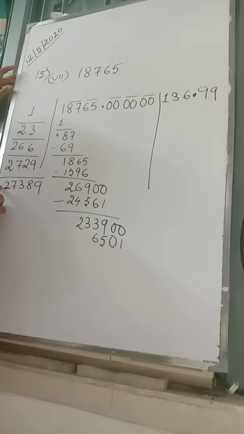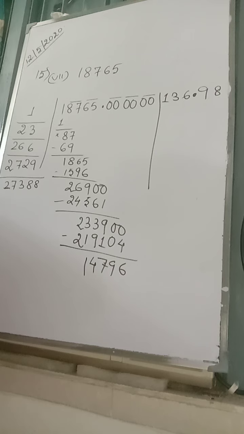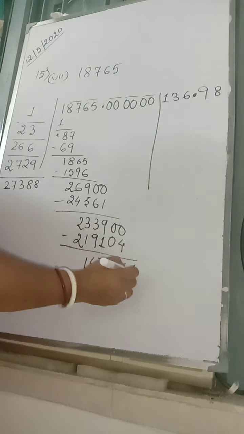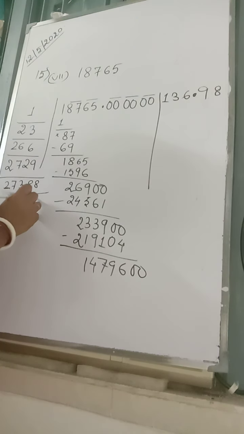10 minus 4 is 6, 9. 8 minus 1 is 7. 13 minus 9 is 4. 2 minus 1 is 1. Now another 2 zeros. Here 6 9 3 7 2. 4 digits, 5 digits. 2 7's are 14.